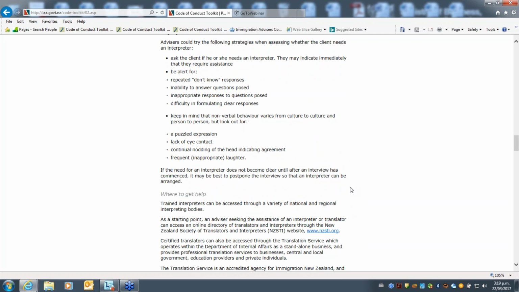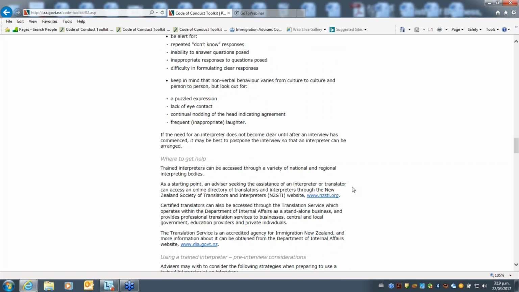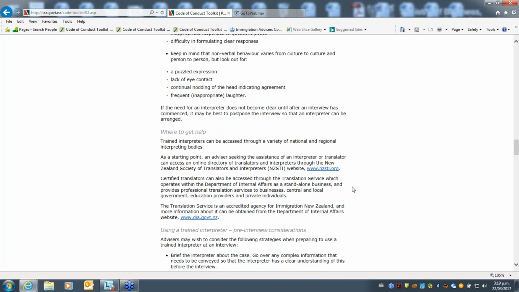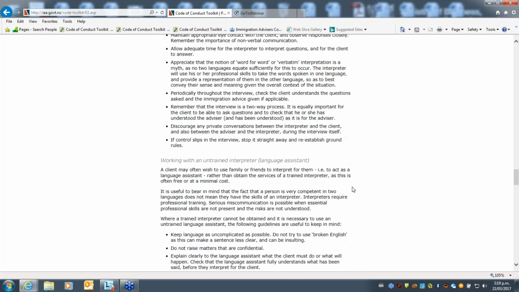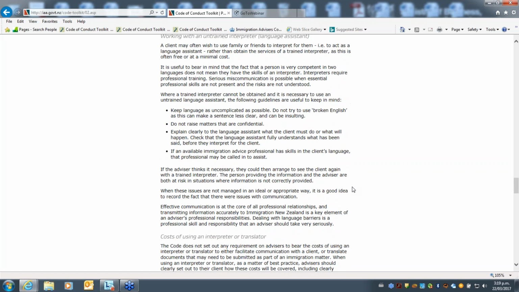Ideally, your interpreter would be interpreting or translating exactly what you would be telling the client otherwise in English. So you need to take caution if you're not using trained interpreters, and there's quite a bit of good information here on that.